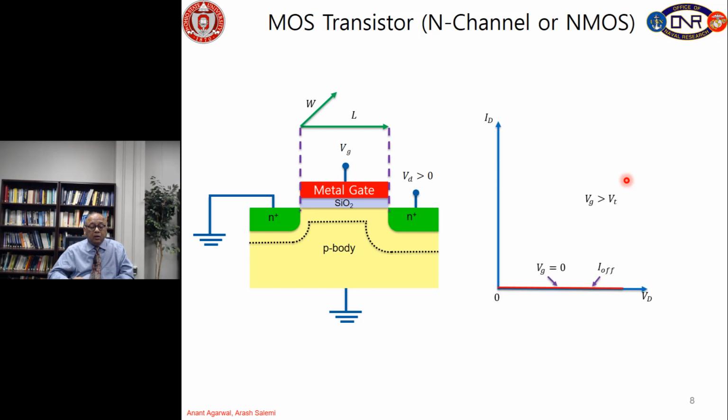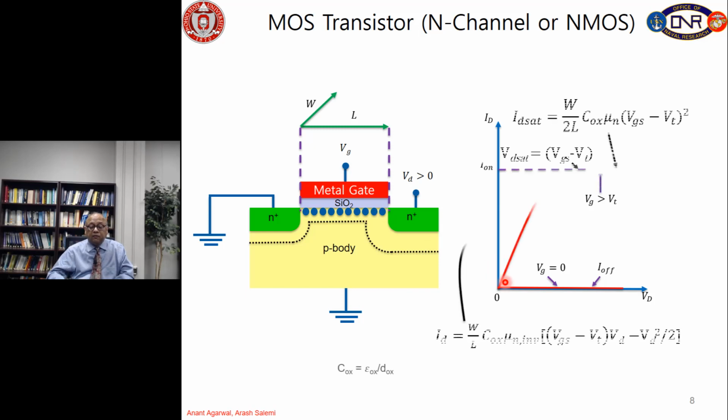So, if we apply a gate voltage higher than the threshold voltage, we will form an inversion layer of electrons here, and you can see a current can start flowing like this. So, for gate voltages less than the threshold voltage, there is no inversion layer, there is no conduction from source to drain. So, the current is 0.